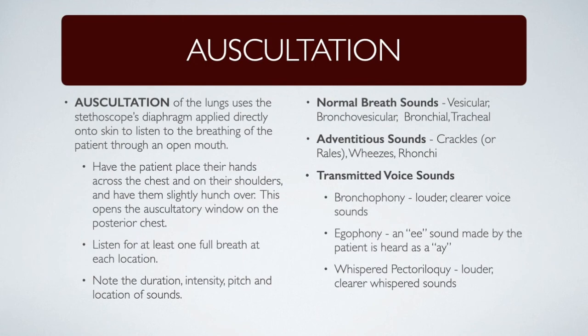Egophony: there is a change from an E sound to an A sound that you hear when you listen to the chest. So, for bronchophony, have the patient say tres tres or 99. For whispered pectoriloquy, you have the patient whisper 99 or tres tres. And then for egophony, you have the patient say E. And in all of those, you use a stethoscope to listen.